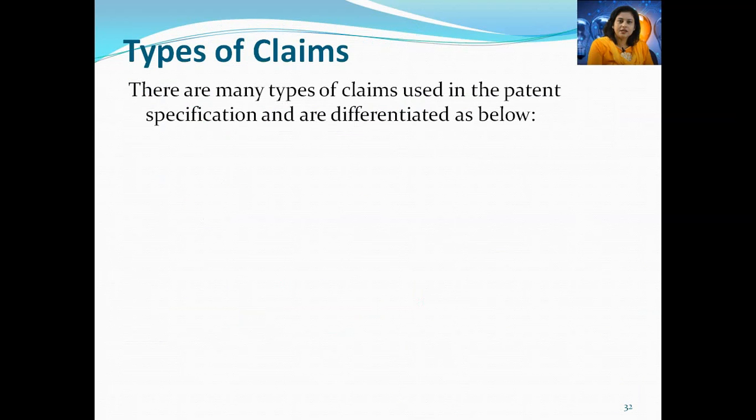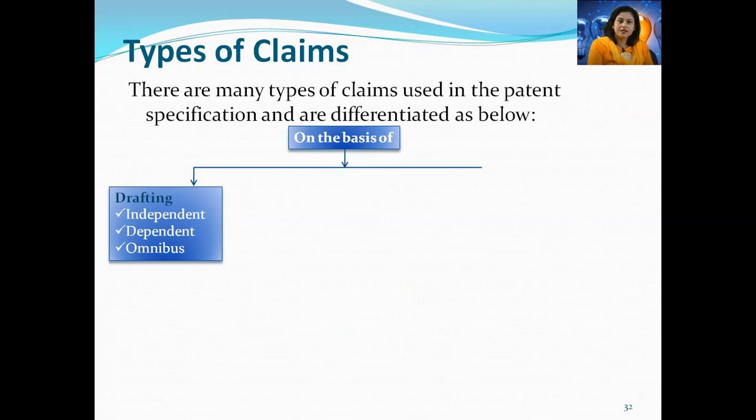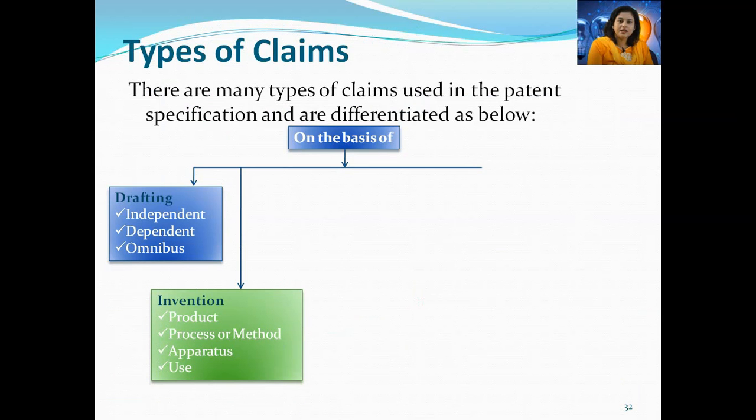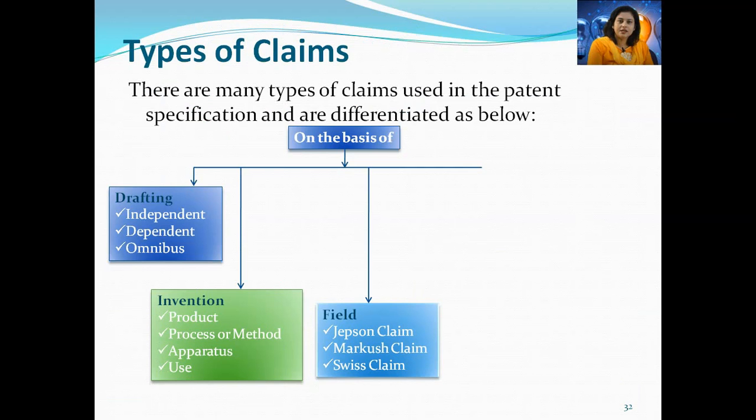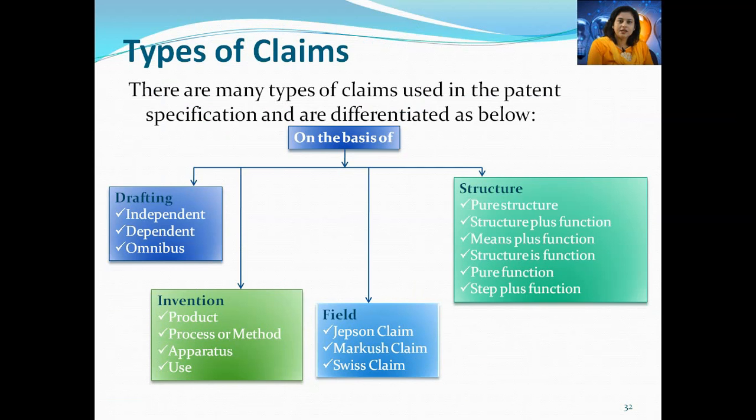There are many types of claims that are used in the patent specification, and these are differentiated as follows. Claims may be on the basis of drafting, on the basis of invention, on the basis of field, on the basis of structure. Claims on the basis of drafting may be independent claims, dependent claims, omnibus claim.